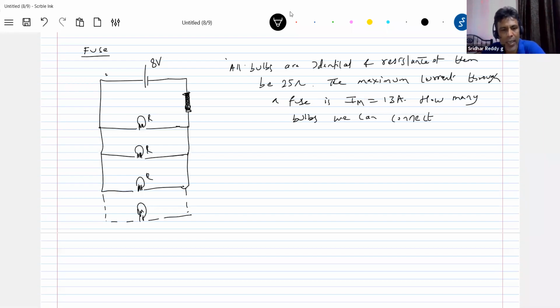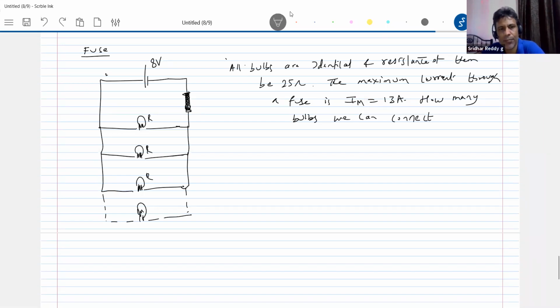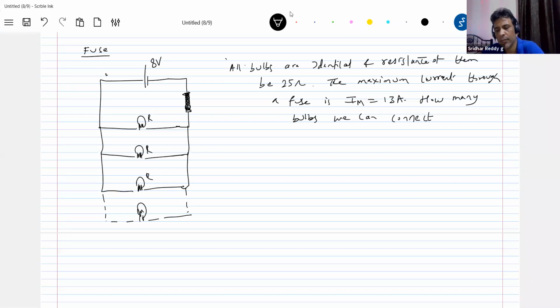How many bulbs can we connect like this before the fuse blows?